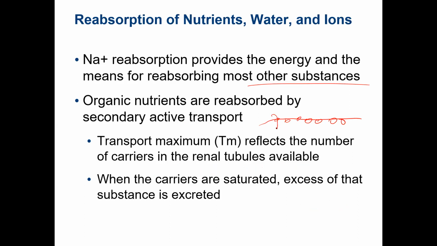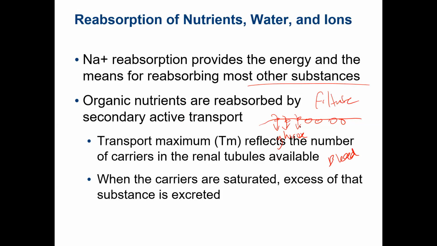Now, each one of these, we can use secondary active transport to move, in this case, let's say glucose, back over here into the blood from the filtrate. Notice that, like in my illustration here, you've got 7 of these little carriers. Each one of them can move 1 molecule of glucose at a time.